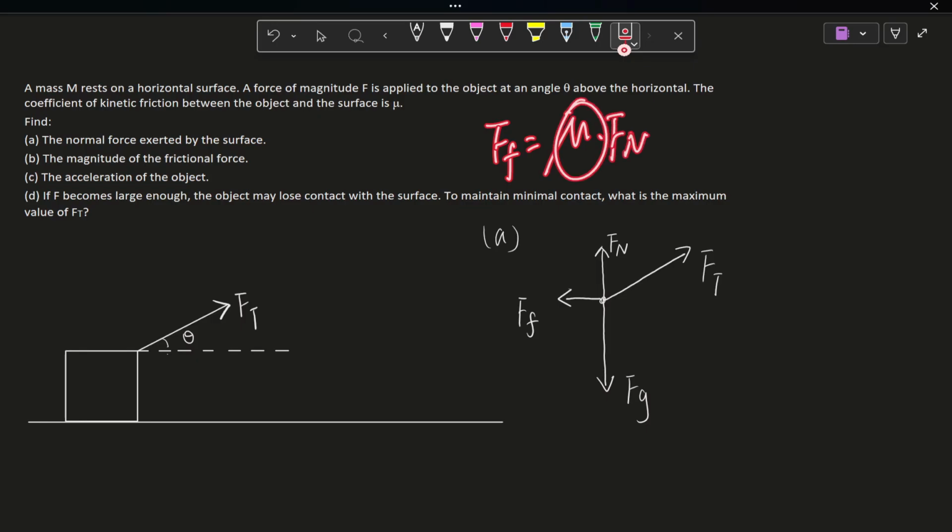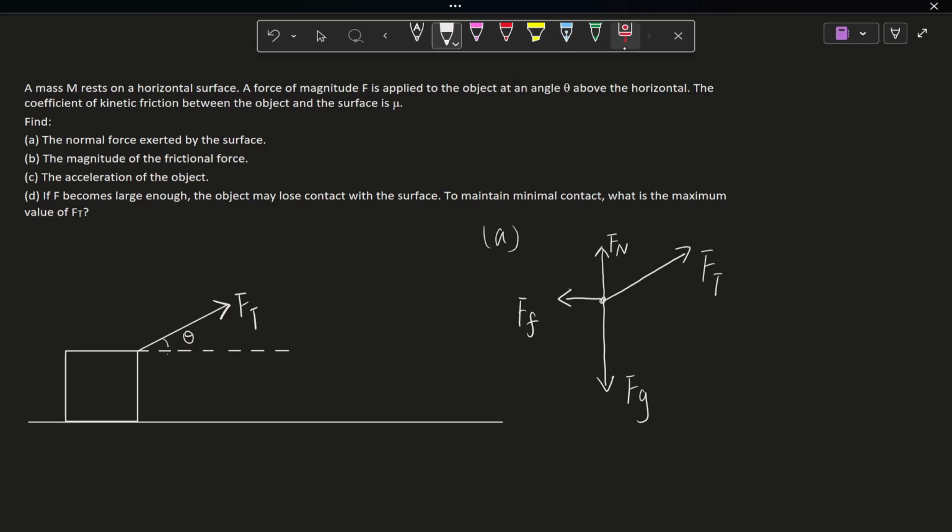And mu will always be smaller than 1, so Ff will always be smaller than Fn. This is very important. If you didn't draw it correctly in your exam, your teacher would definitely not be nice to you. Okay, let's keep going.